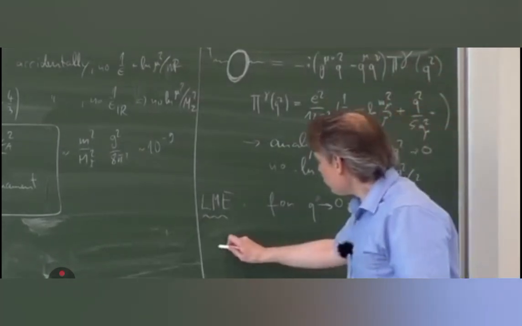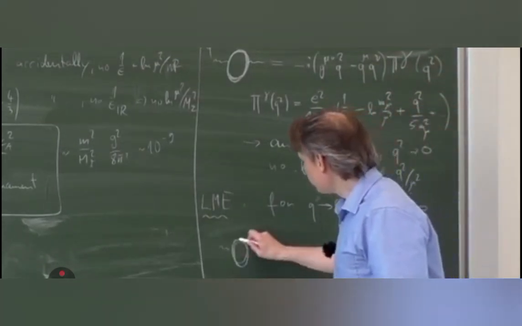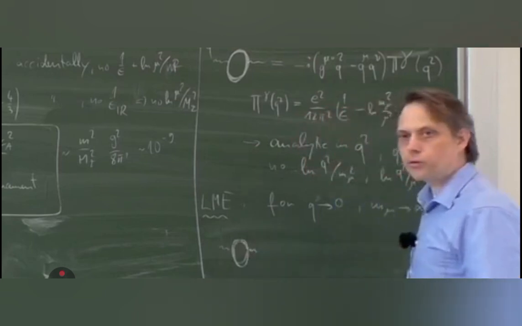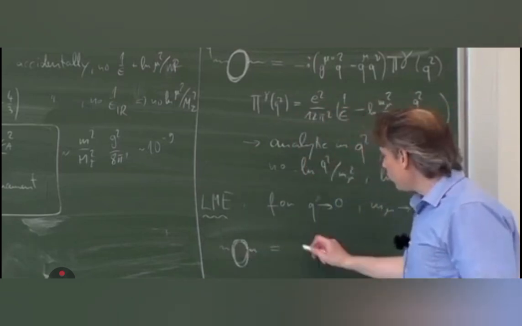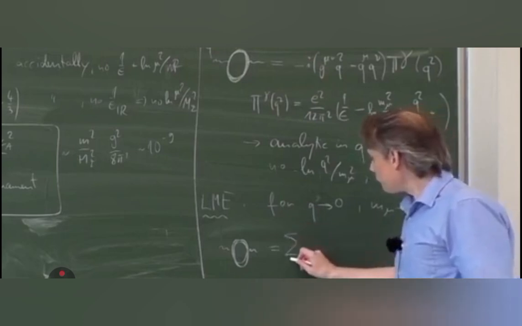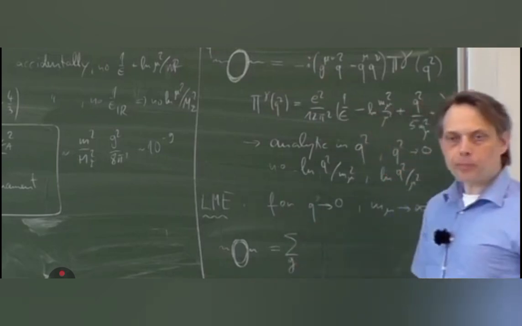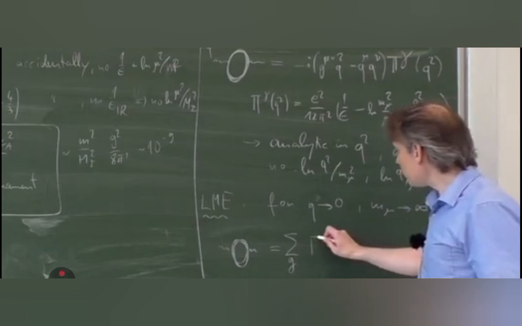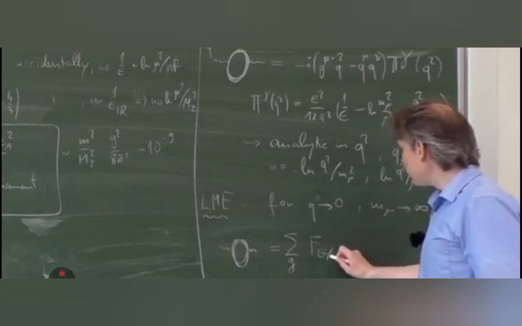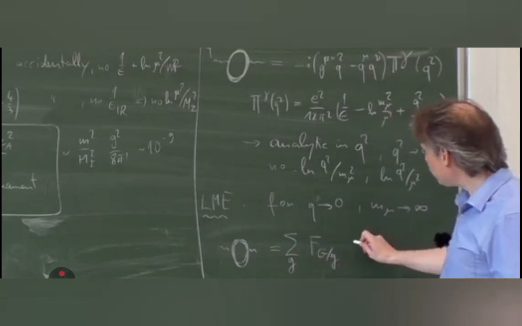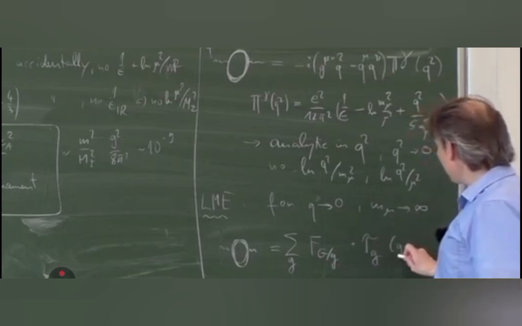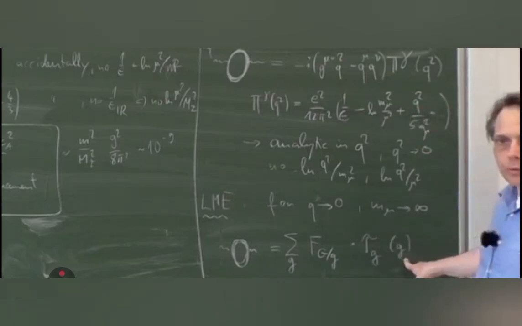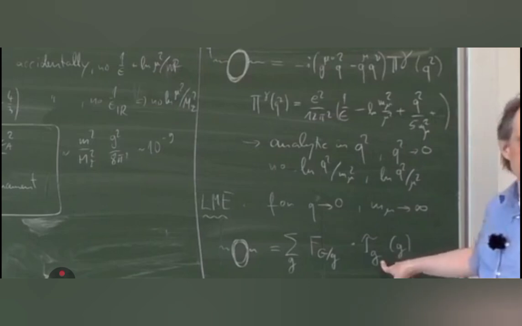Then this diagram, according to the large mass expansion, becomes the following. We have to do a sum over a set of subgraphs G, and for each subgraph we take the amplitude of the full graph divided by G times the Taylor expansion of the subgraph G with respect to the external small variables going into the subgraph G.